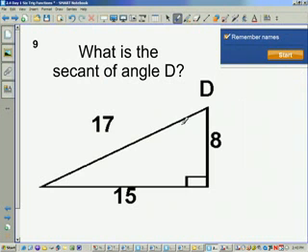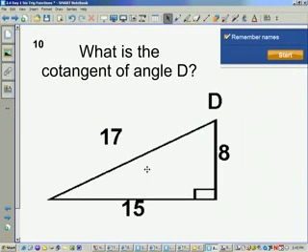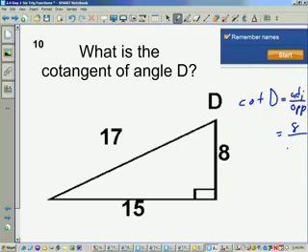Now the secant of angle D. Secant of angle D, again we have hypotenuse over adjacent. Hypotenuse is 17. Adjacent is 8. Cotangent of angle D. Remember, that's adjacent over opposite. Adjacent side is 8. Opposite side is 15.